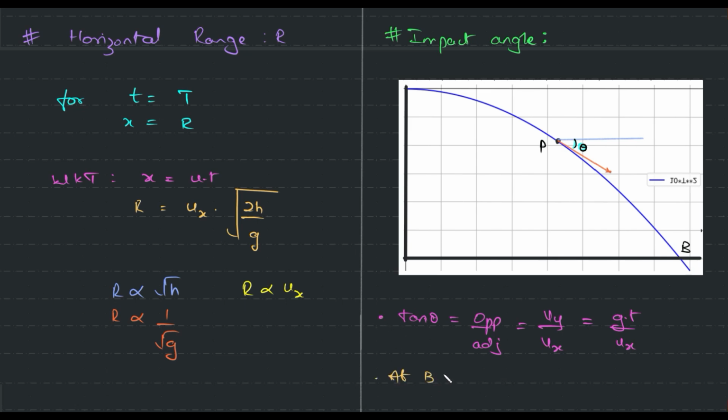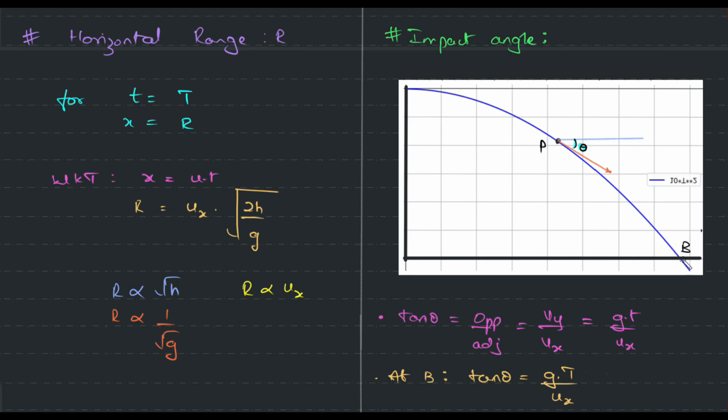At B, what happens? One specific thing changes over there. What is it? G does not change. T, yes, it becomes capital T. U of x remains the same. So at B, that is when it hits the ground, the time of flight will be T, and so on and so forth. So this is the point wherein it hits the ground.